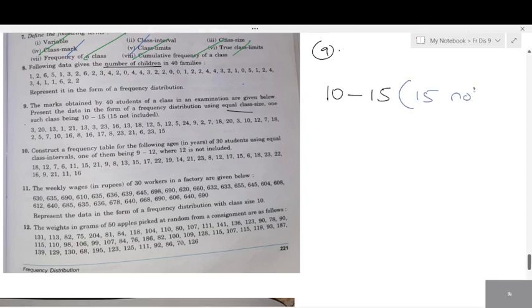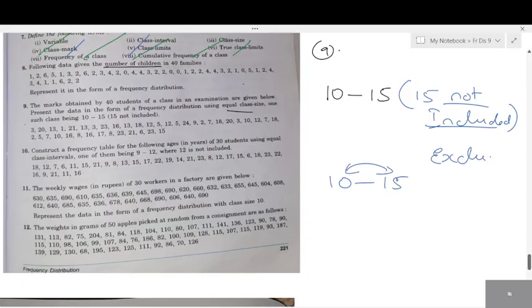15 is not included. What do you mean by the word not included? Inclusive or exclusive? Exclusive. So after 10 to 15, what's the difference? 15 minus 10, what do you get? 5.